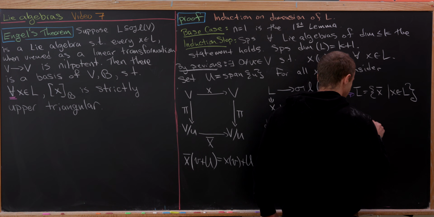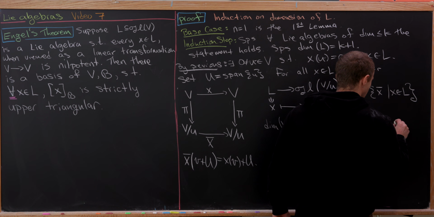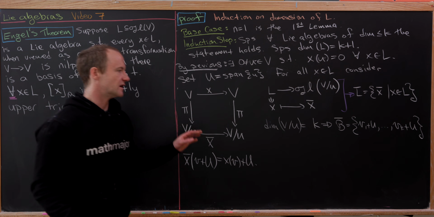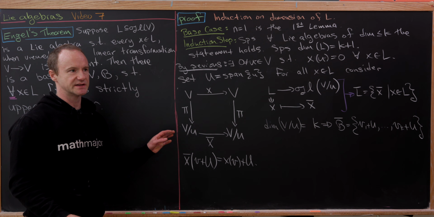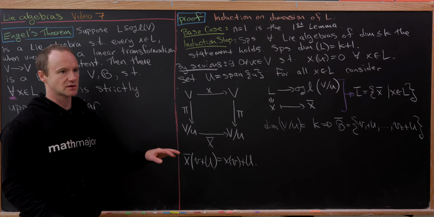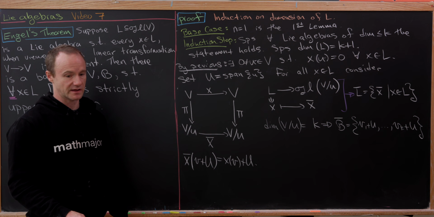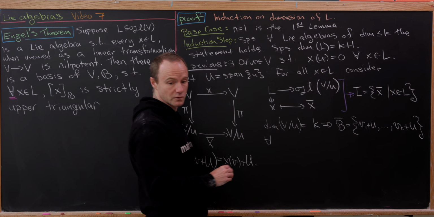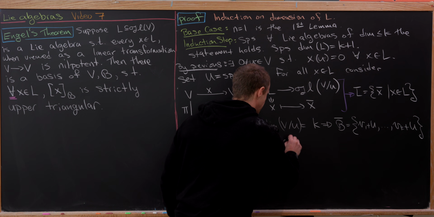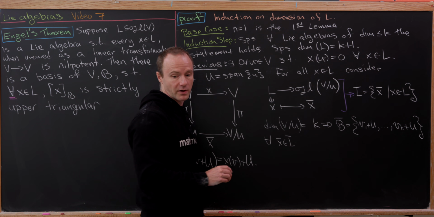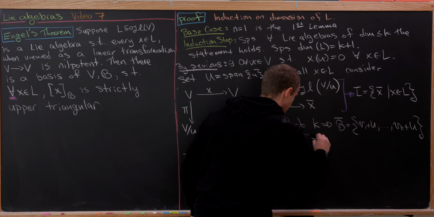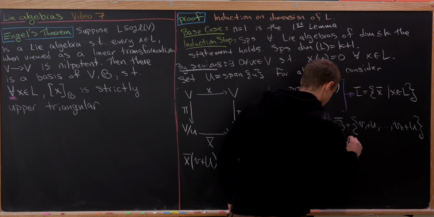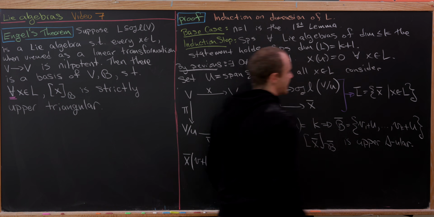Let's say it's v1 plus u all the way up to vk plus u. Of course, the vector space is a quotient vector space, so its elements are cosets. That's why I've written it like that. And again, this satisfies the rule that for all x bar inside of L bar, the matrix representation of x bar with the basis B bar is upper triangular.